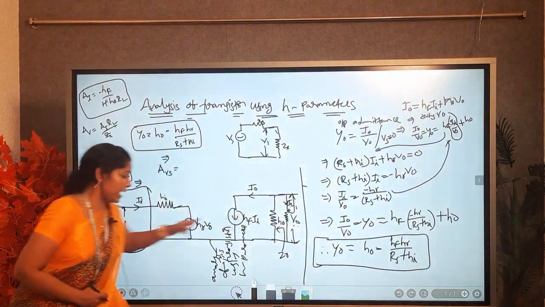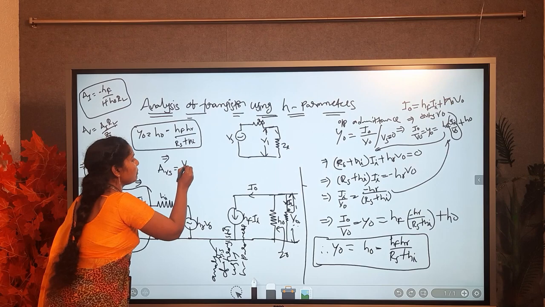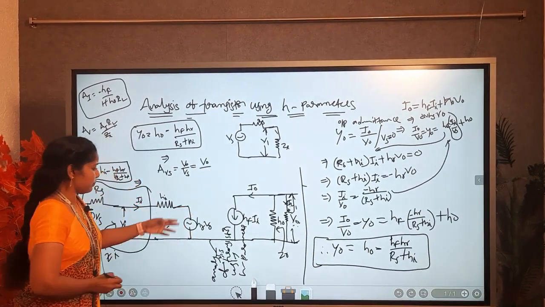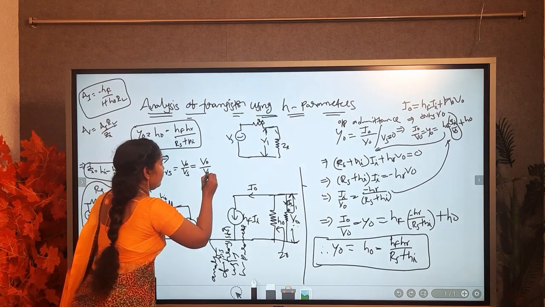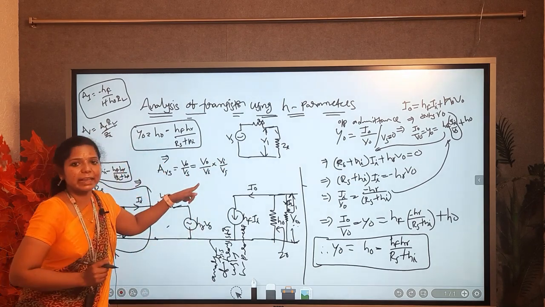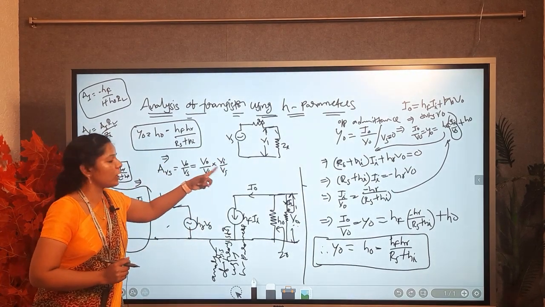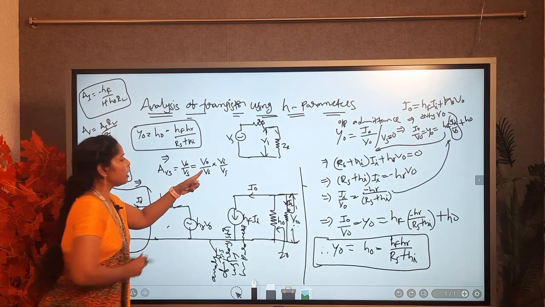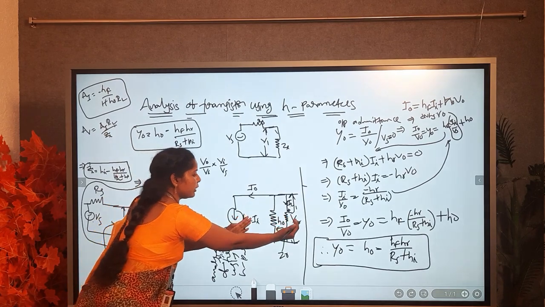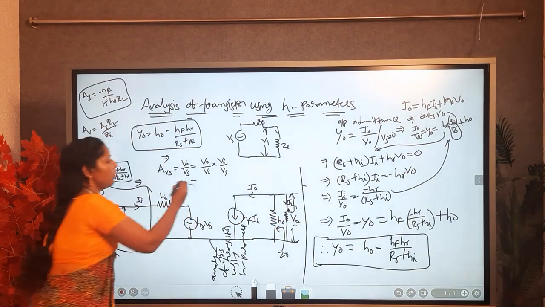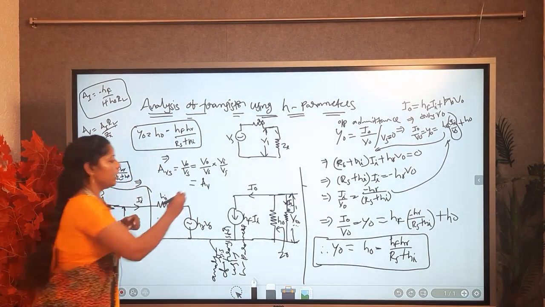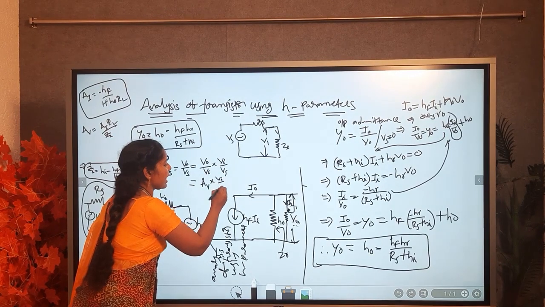So V0 by Vs. It will be taken as V0 by Vi into Vi by Vs. Vi cancels. So V0 by Vi, that means this part only, is the voltage gain AV, into Vi by Vs.